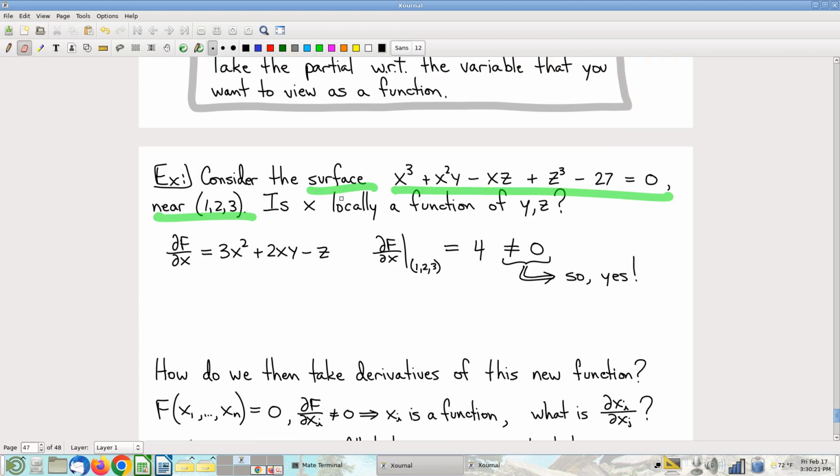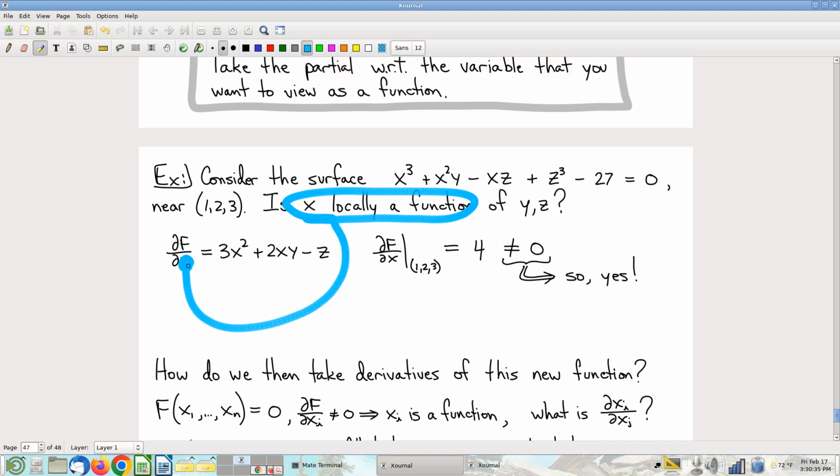And what we've already done, just to be clear, is we've addressed the question, is x locally a function of y and z? The way we did that is, keep in mind whatever variable you want to view as a function, you take the partial with respect to that variable. What do you take the partial of? You take the partial of the function whose level set you're looking at, right?